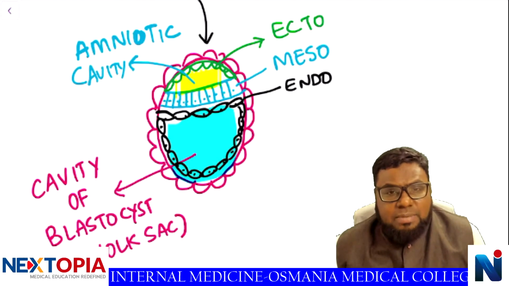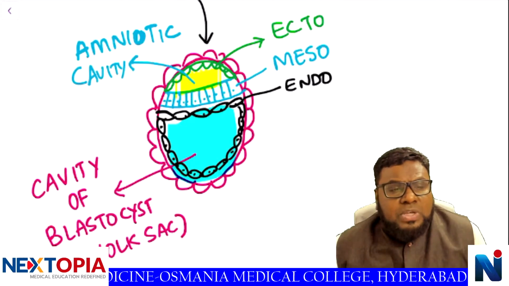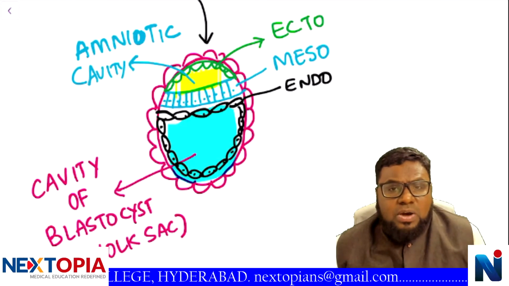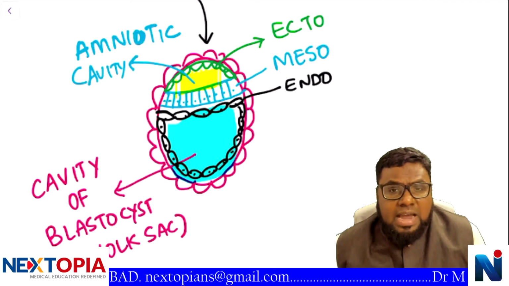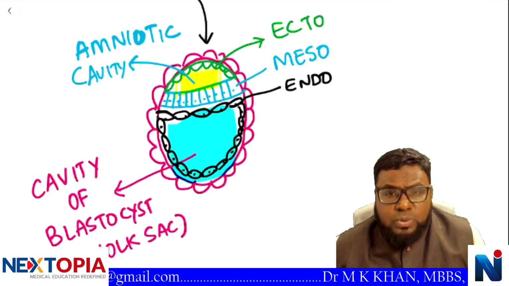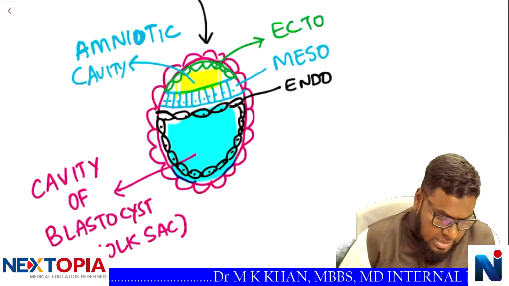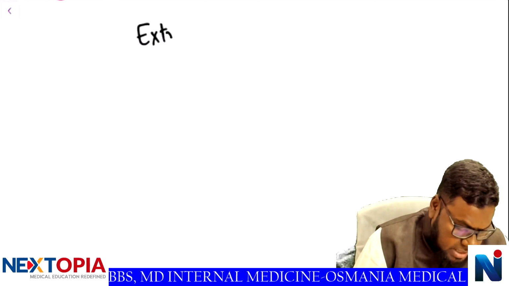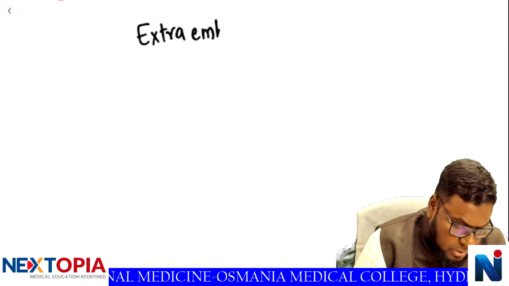Now this extra embryonic layer develops what is known as the extra embryonic cavity, which consists of extra embryonic fluid. You are calling it as a chorion.